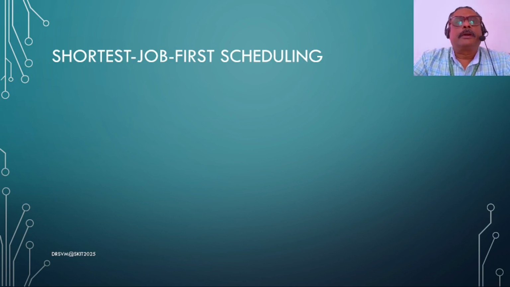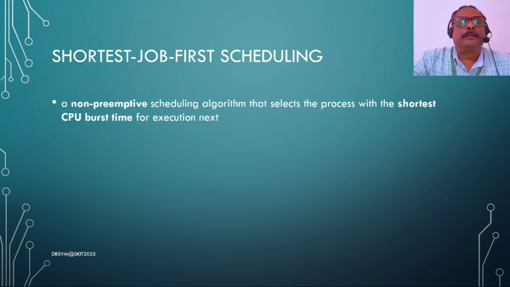Hi friends, welcome back. Now let's get into the second type of scheduling algorithm under non-preemptive scheduling, the shortest job first. This is a non-preemptive scheduling algorithm which selects the process having the shortest CPU burst time as the next process under execution.